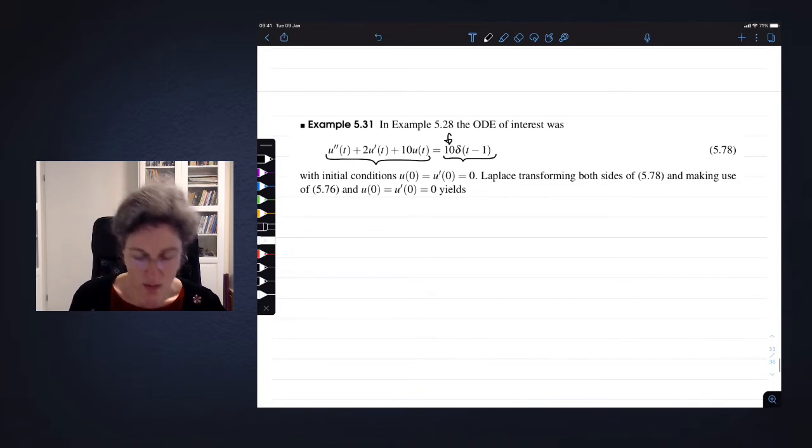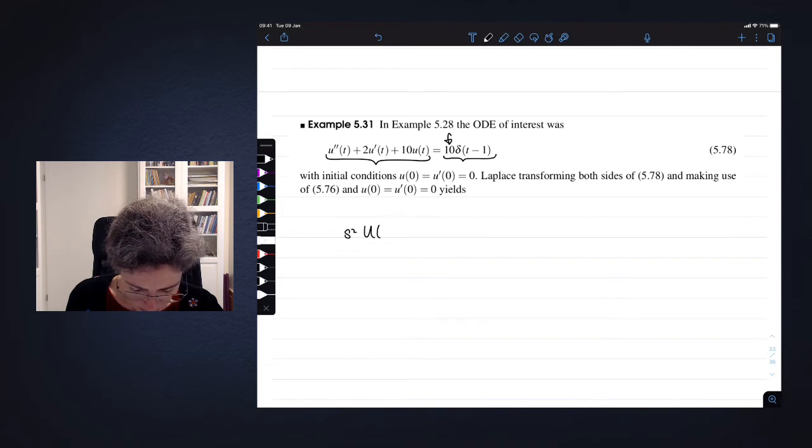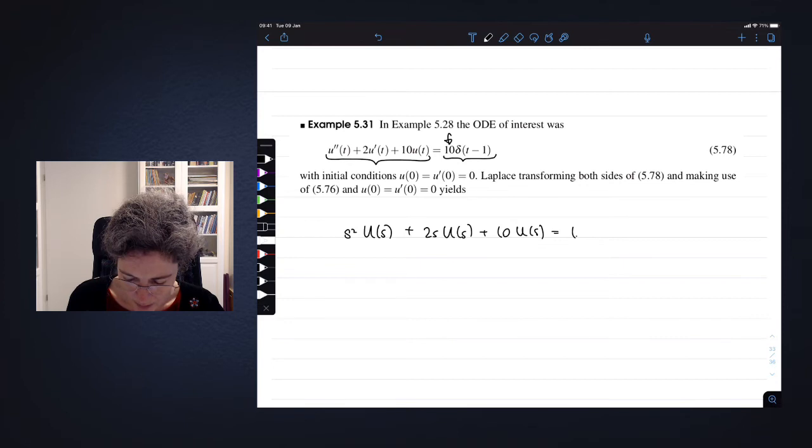Well, we just use what we know already from our Laplace transform for the left-hand side. So that's going to give us s squared U of s plus 2s U of s plus 10 U of s is equal to, and now we know what we've got, 10 times the Laplace transform of the shifted Dirac delta, so that's going to be e to the minus s.